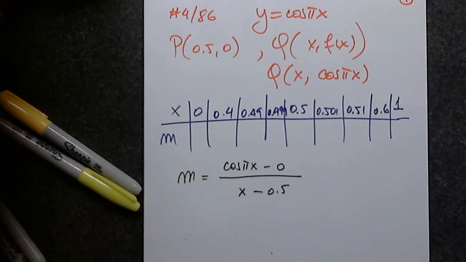Now you can say, of course, these are what I'm looking at, right? When it's 0.49 or when it's 0.501. Or you will say, I don't trust any of those, so I want to plug in 0.5, 0, 0, 0, 0, 0, 0, 0, 1.